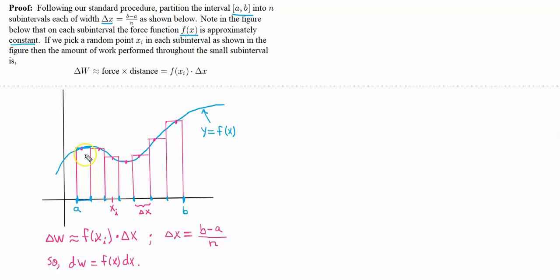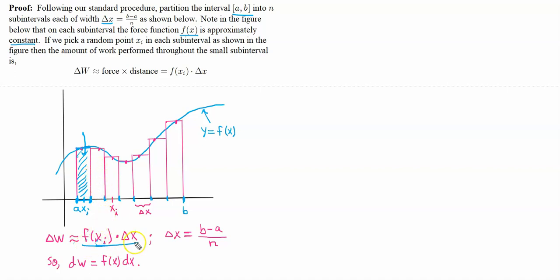So the amount of work it takes to move the object from here to here is approximately f of xi times delta x, where xi is just some point in here, call it xi right there. f of xi is this height, the width is delta x, and so when you calculate this, that will give you the area of that rectangle right there.